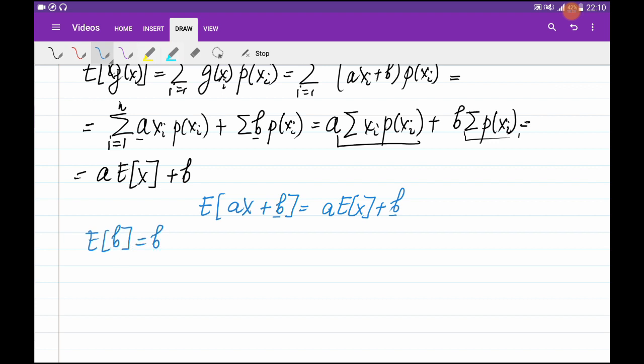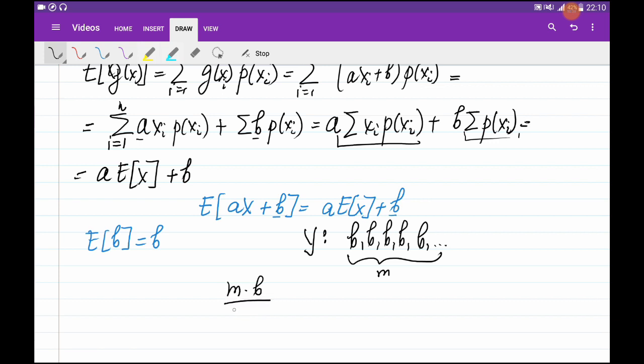We can explain this from this point of view. Let's assume your random variable y can take a constant value, so it always takes b for all the experiments. When I find the average of all of these b's, I will need to sum these m b's, so m multiplied by b, and divide by the number of b's, which is m.